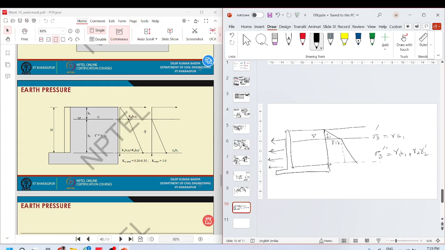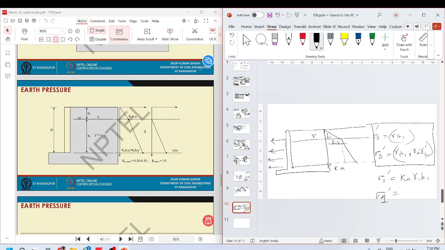So this is the effective vertical stress. The effective horizontal stress will be sigma 1, equivalent to Ka times gamma 1 H. We just have to multiply these with Ka.